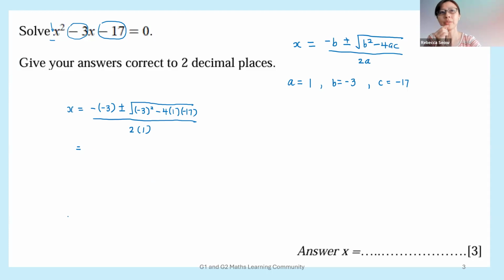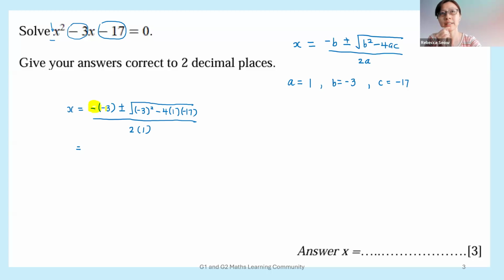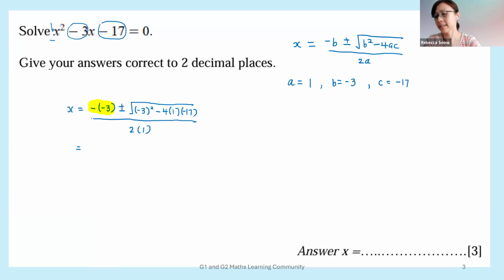Next, I'm going to use the calculator to work out each of these values, and we will simplify the expression. The first thing that I want to work out will be this. What do I have? Negative. So I will use my calculator. I will press minus, bracket, negative 3. This gives me 3. The next thing that I will do is to work out the values within the square root sign over here.